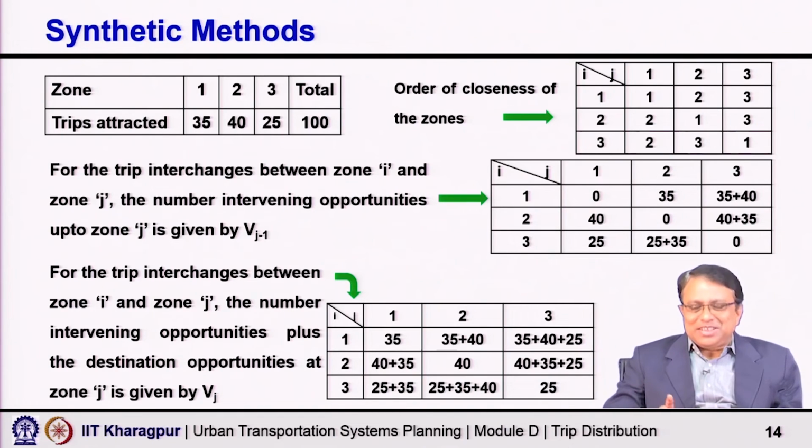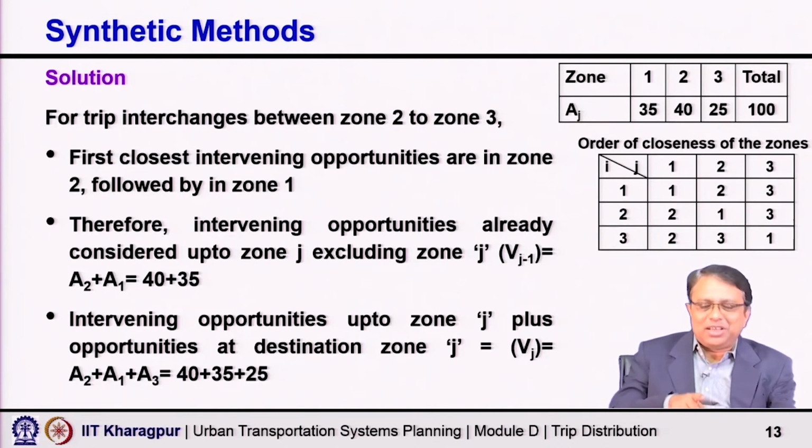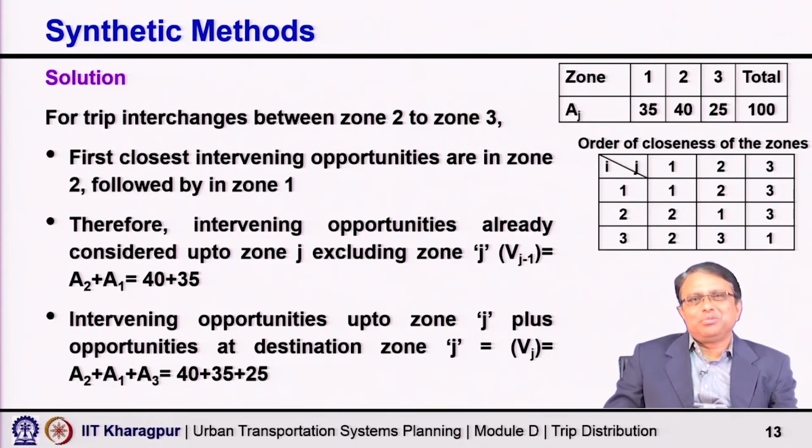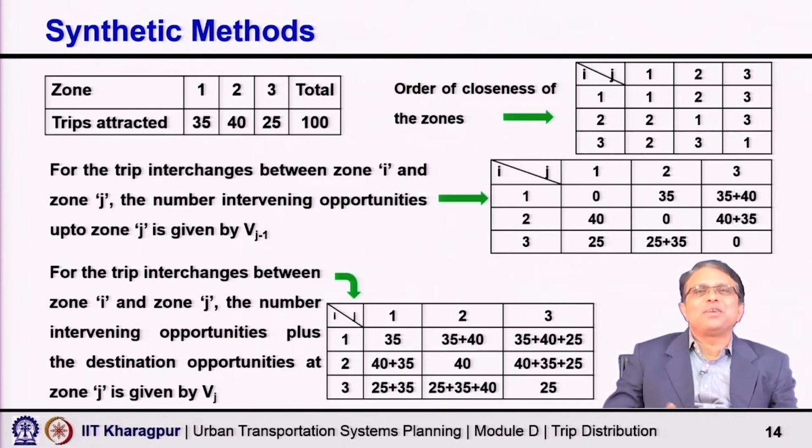The basis is exactly the same as I explained earlier for one element from 2 to 3. I have shown the opportunities you should consider up to j minus 1, that means up to j but not including the jth zone in order of closeness, and up to V j.